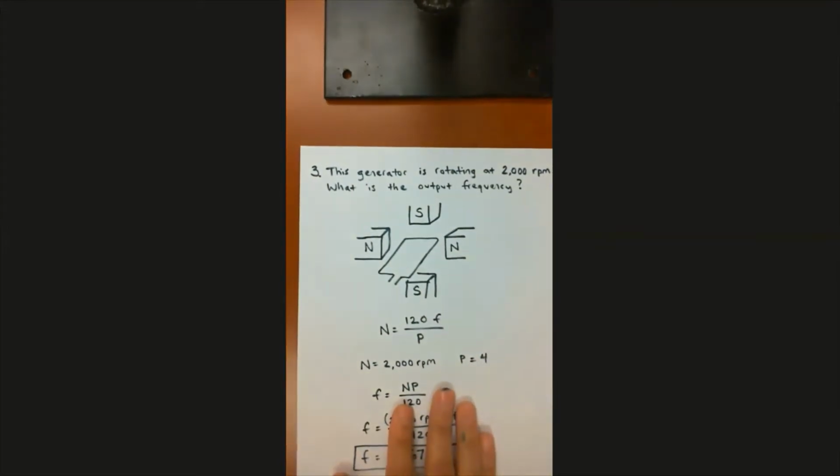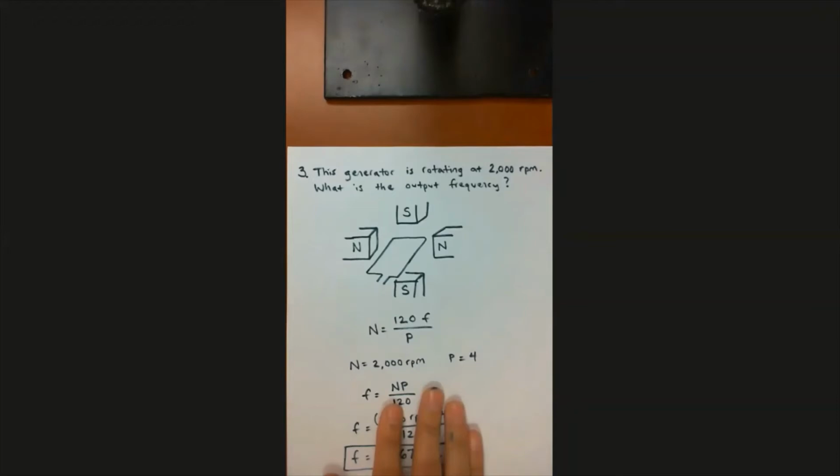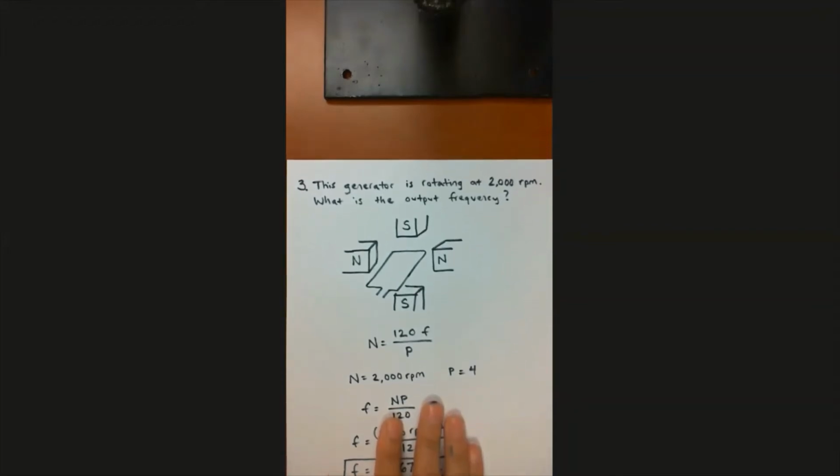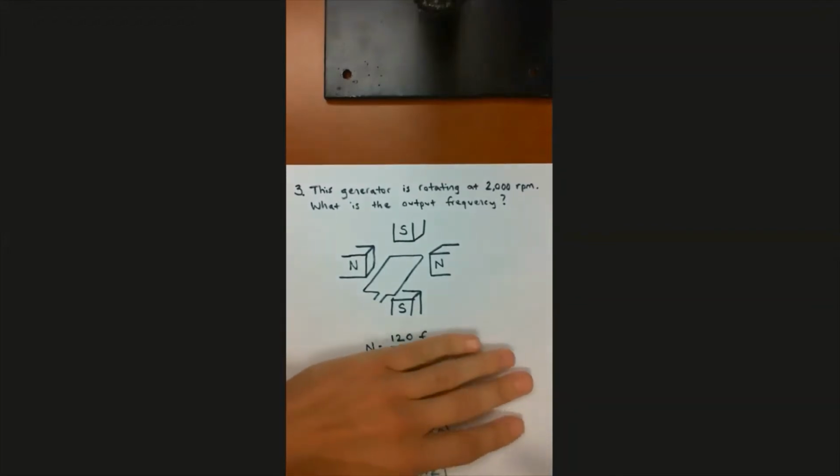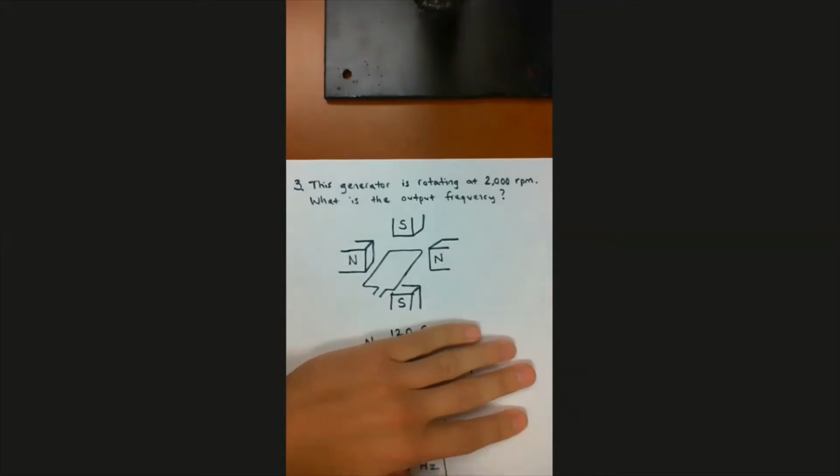Number 3 is material that we talked about in the last class. We have this generator right here, and we say that it is spinning the rotor, which has the armature on it. The rotor is rotating at 2,000 RPM.